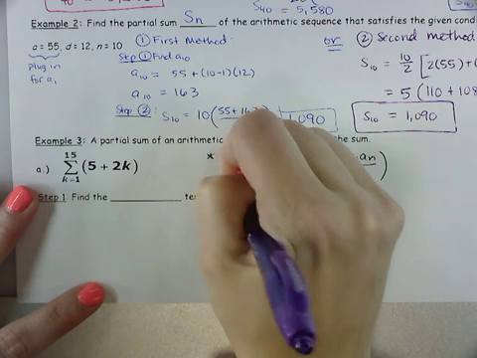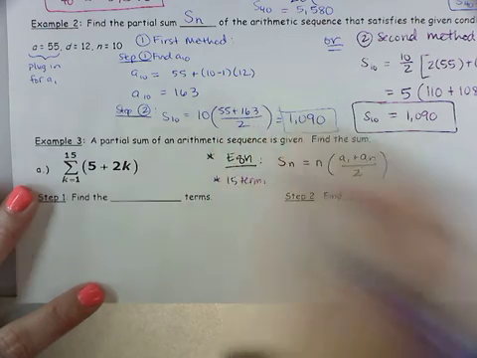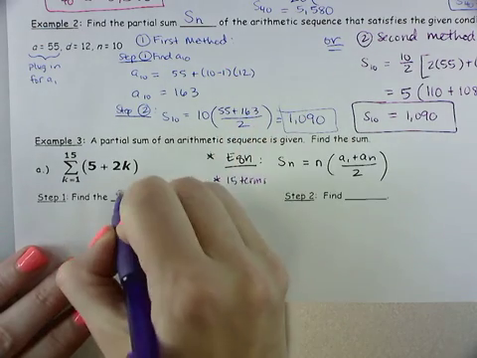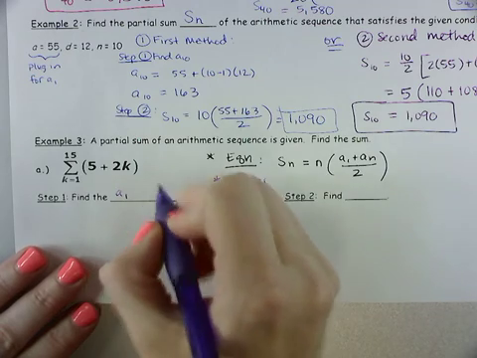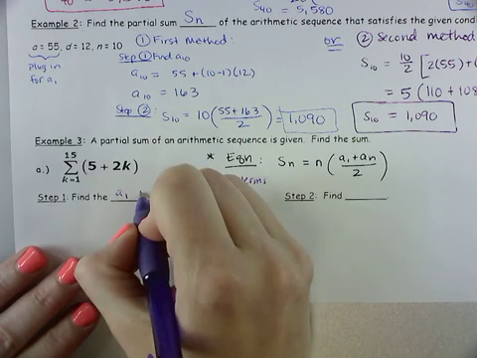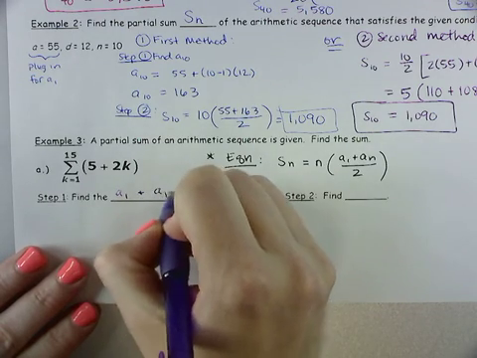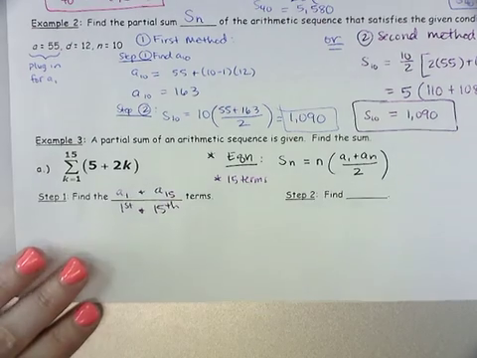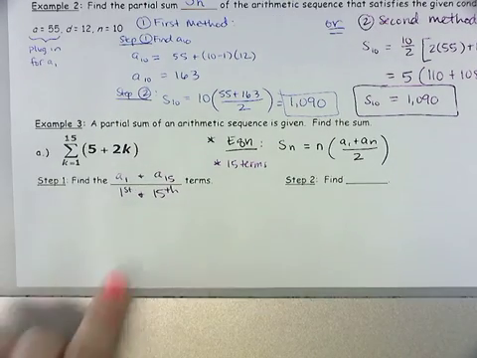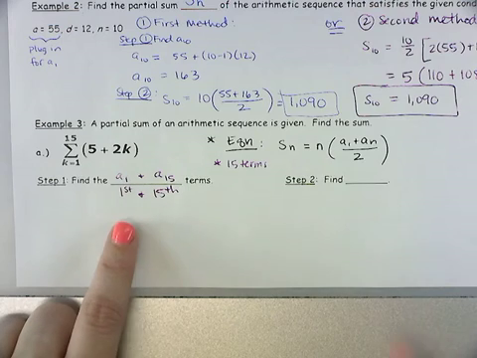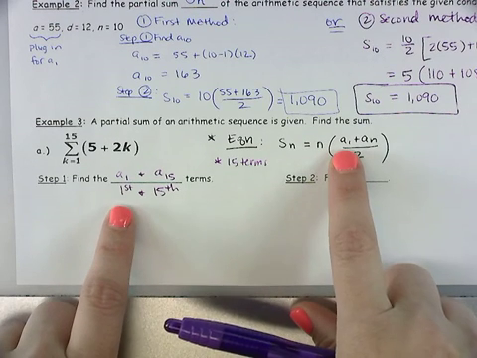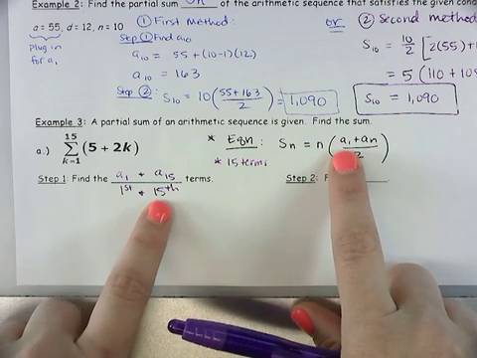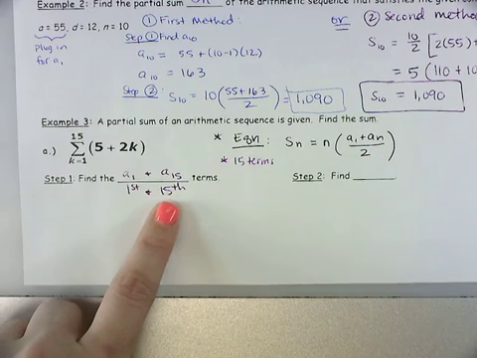That means I have to find a sub 1 and a sub 15, the first and the 15th terms. The reason I'm doing that is because I have a sub 1 here that I have to plug in, and a sub n here that I have to plug in.